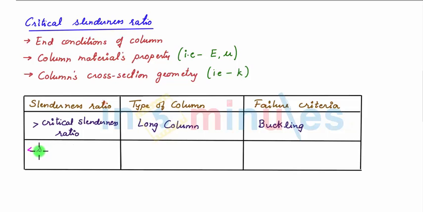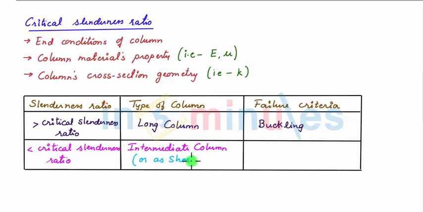Whereas when the slenderness ratio is less than the critical slenderness ratio, the column can be called an intermediate column, or a short column for a very low value of slenderness ratio, and the failure criteria becomes bending or simple crushing, as the case may be.